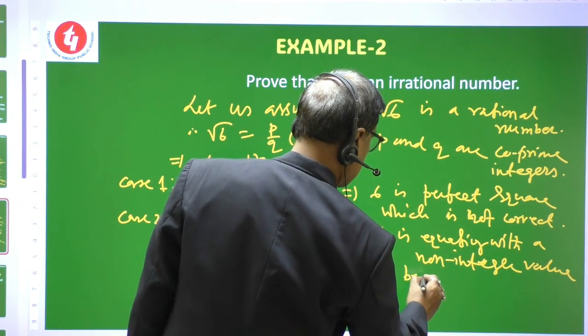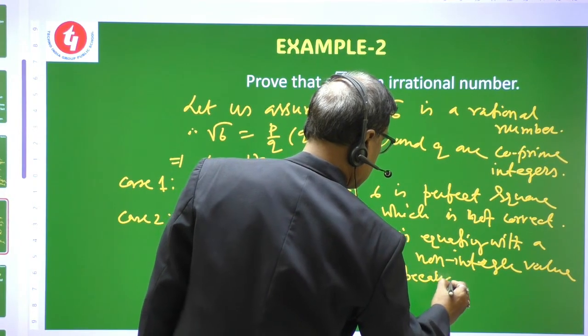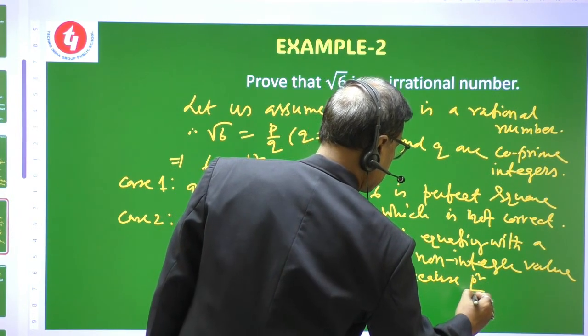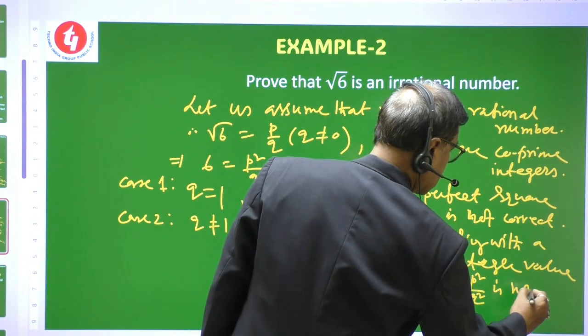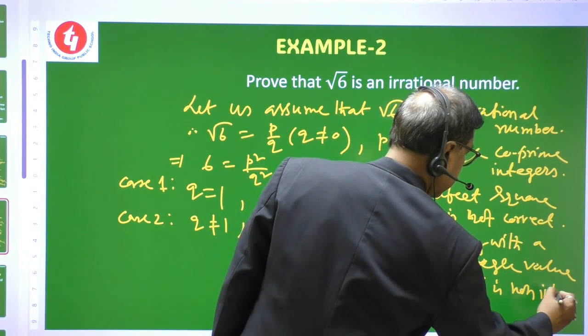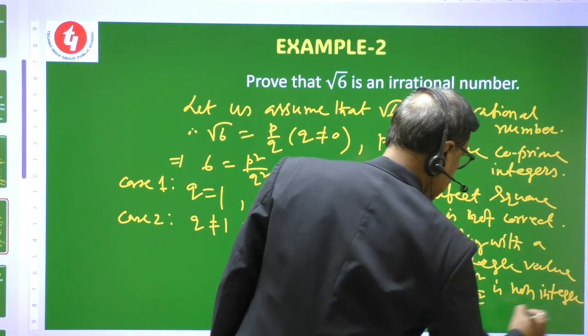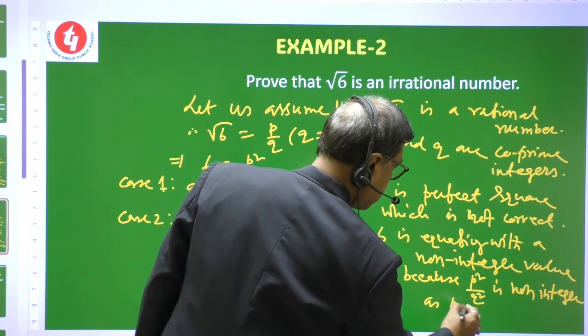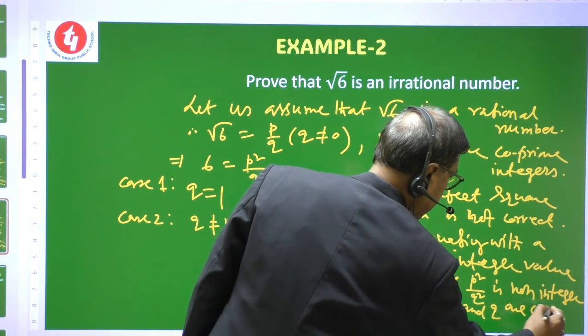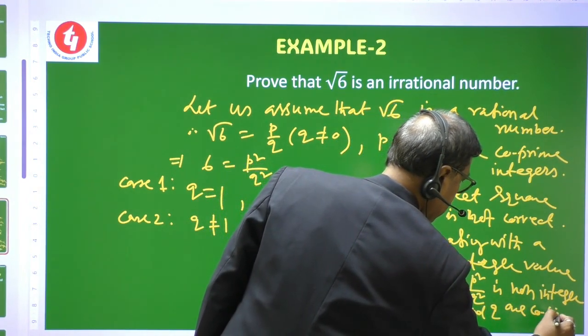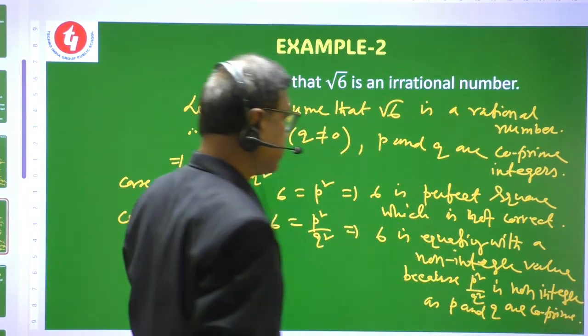Because p square by q square is non-integer, as p and q are co-prime. Yes or no?